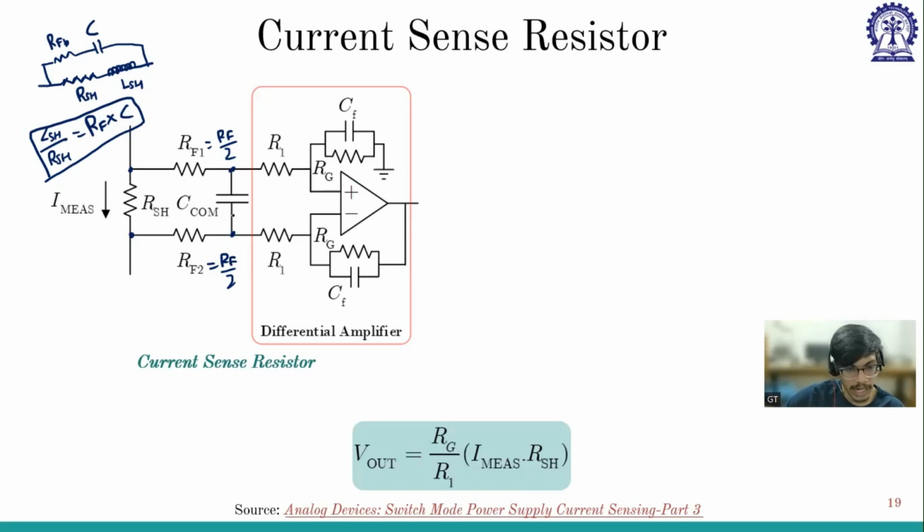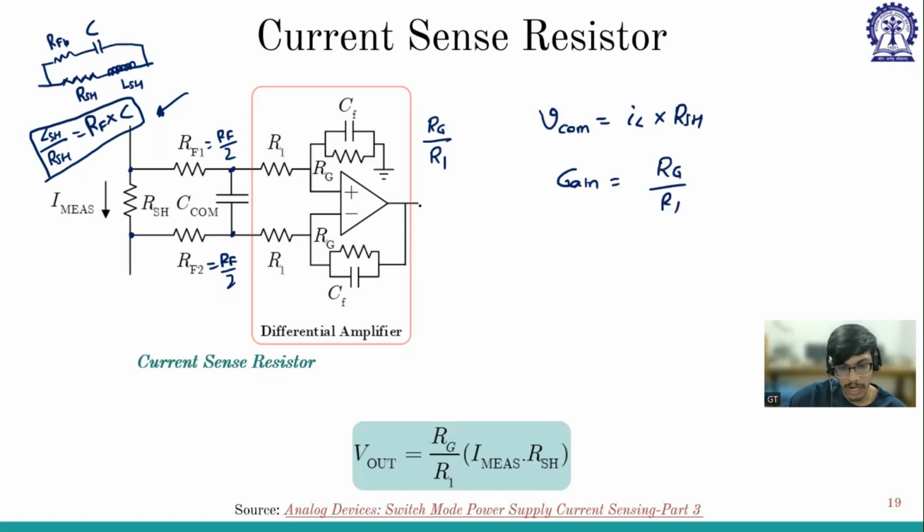Now they are again tapping this voltage and sending it to a differential amplifier, whose gain is RG by R1. So my VCOM will be IL into RSH. We have discussed, and this equation will make sure my pole is cancelled with the zero, and my VCOM is this, and the gain of the op-amp is RG by R1.